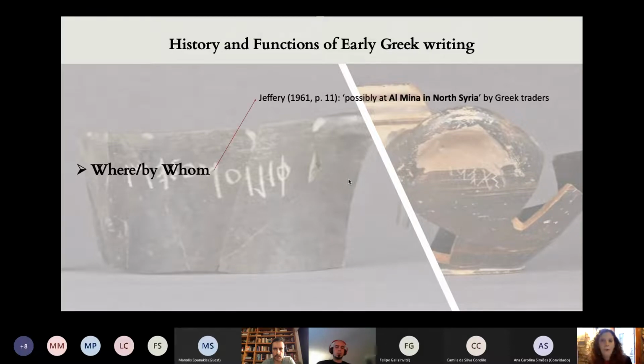So, for example, Jeffery was not confident. In fact, she said possibly it could be Al Mina, for example, the first possible place to put as the place for the birth of the alphabet.